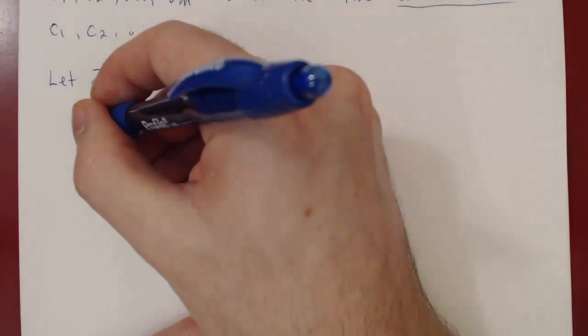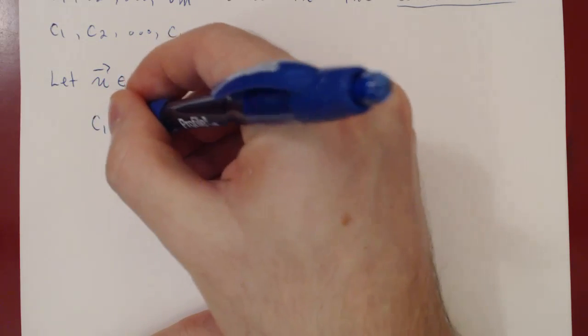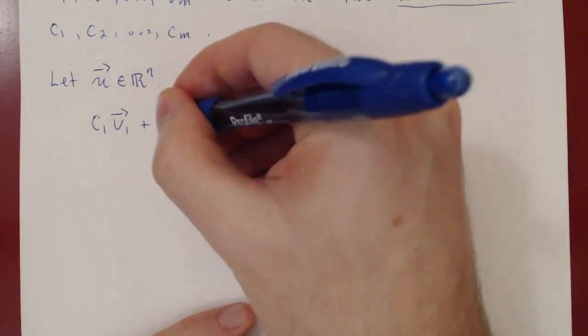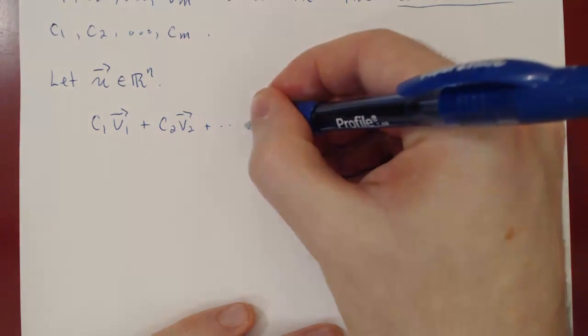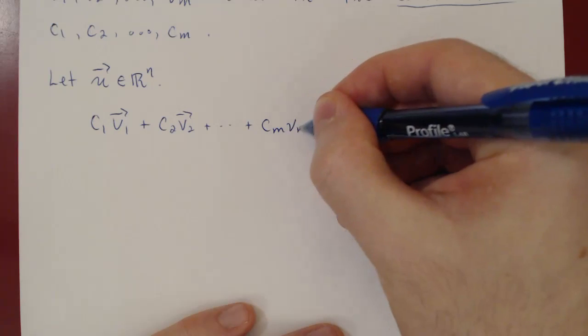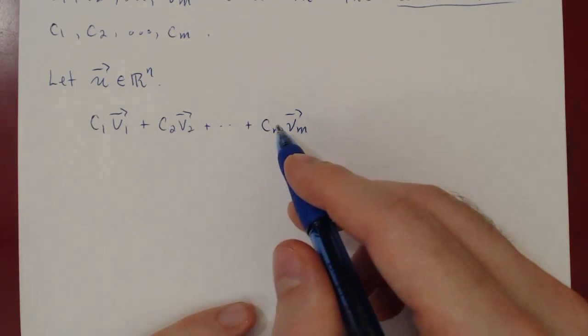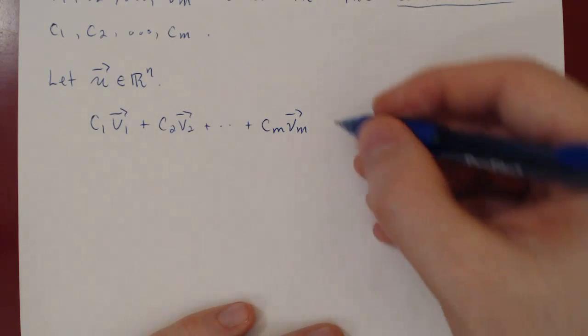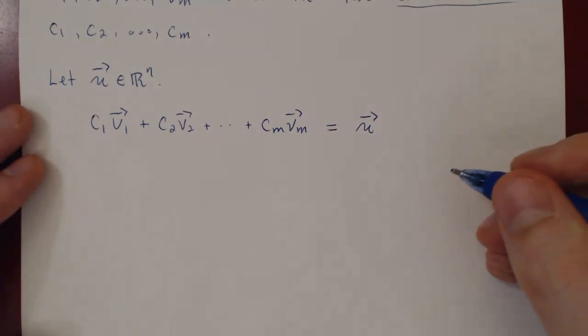So we ask, is it possible to express the vector u as a combination of these m vectors? So c1 v1 plus c2 v2 up to cm vm. Can we choose these m coefficients so that the end result, the linear combination, is equal to vector u?